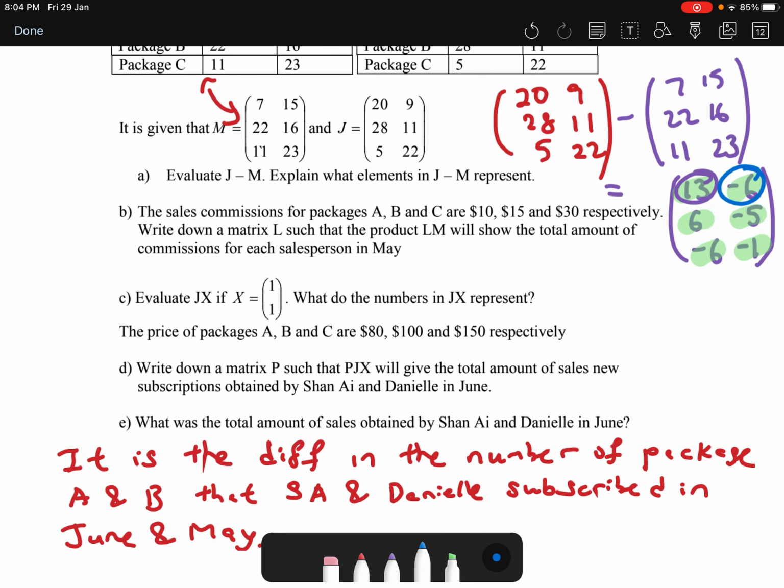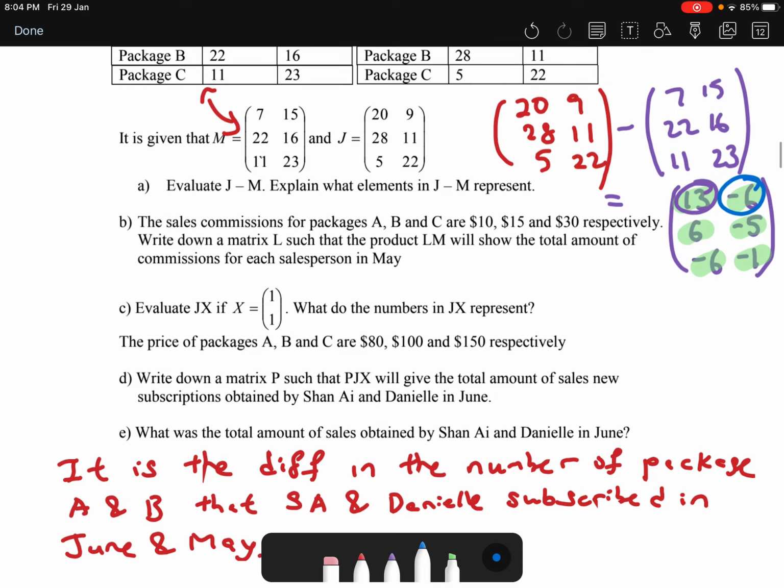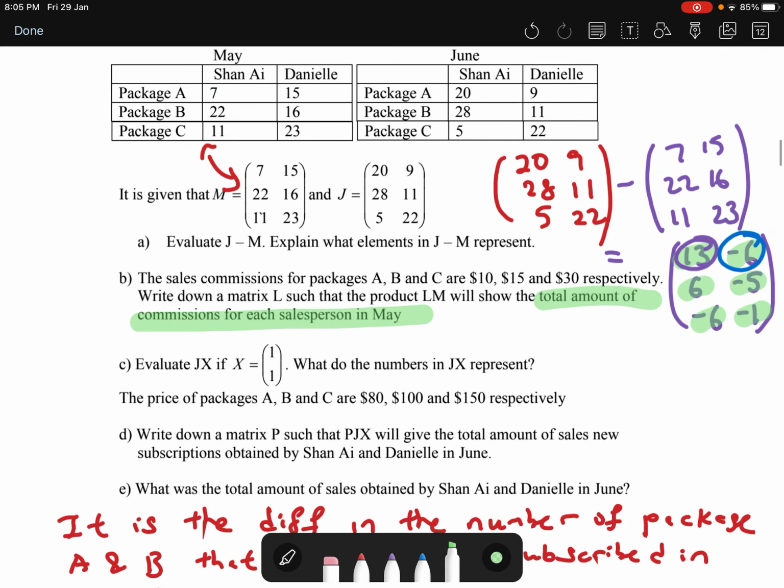So let's move on to B. The sales commissions of packages A, B, C are $10, $15, and $30 respectively. Write down the matrix L such that the product LM will show the total amount of commission for each salesperson in May.